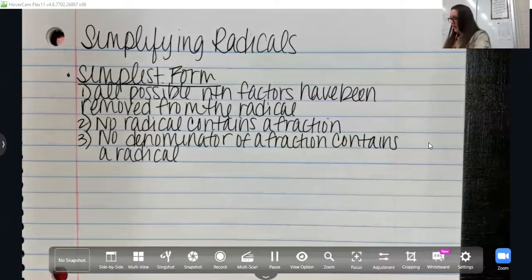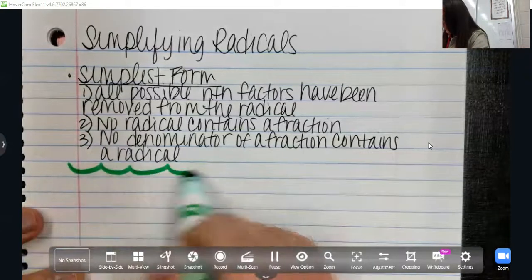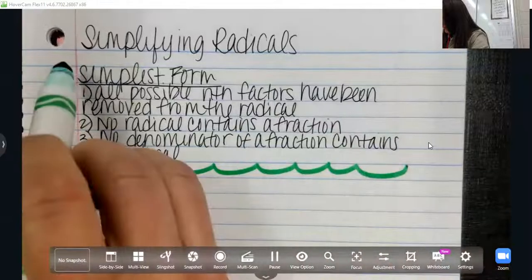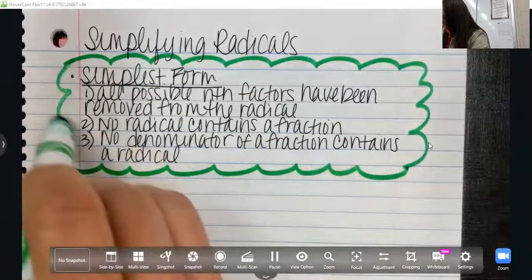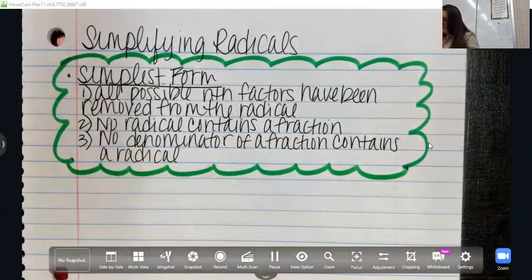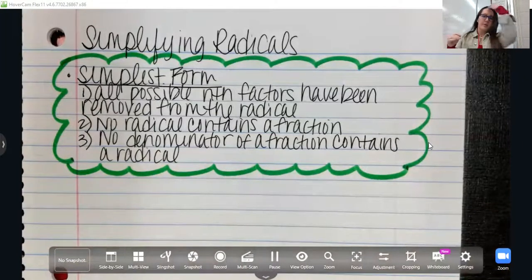So first off, all possible nth factors have been removed from the radical. That means that under the radical, everything is simplified, right? And then no radical contains a fraction. So you shouldn't have a fraction under your radical. And then no denominator of a fraction contains a radical.